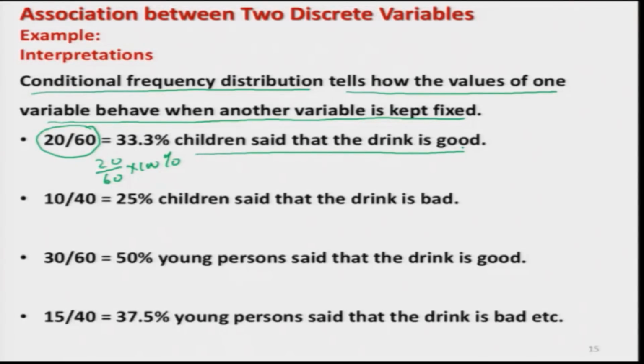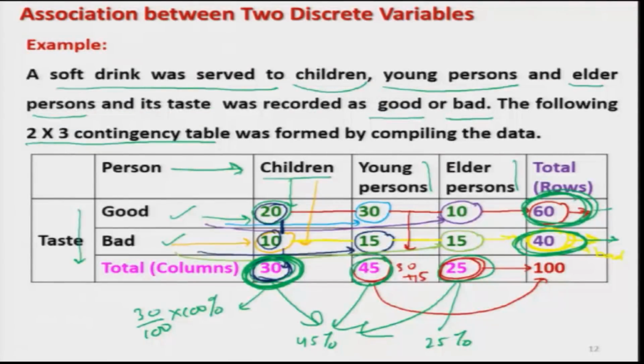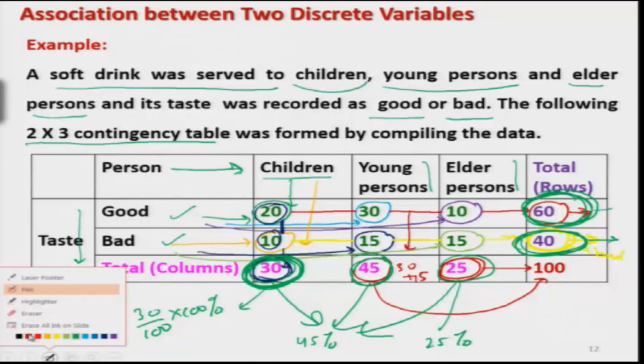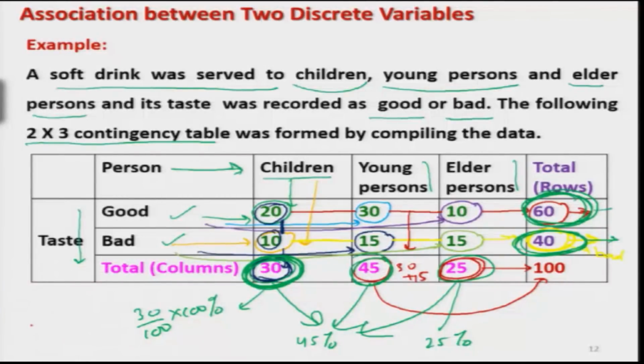How has this been obtained? If you try to see how these 20 and 60 values are coming, I will make a circle in red color. This is the 20 and this is the 60, the marginal frequency.